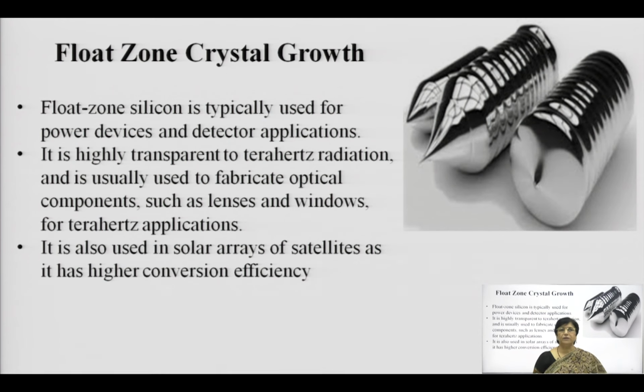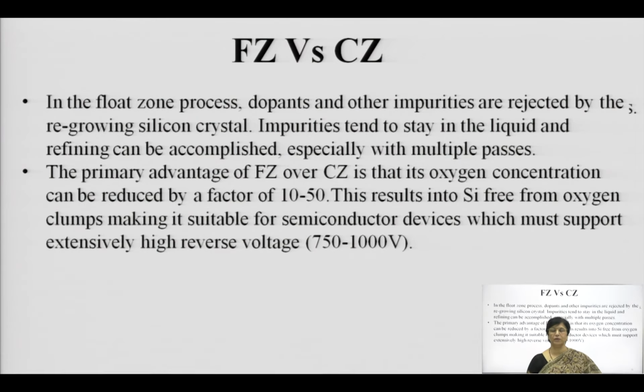It is highly transparent to terahertz radiation, and is often used to fabricate optical components such as lenses and windows for operating in the terahertz range. Such wafers are also used for solar arrays and high energy efficiency applications.